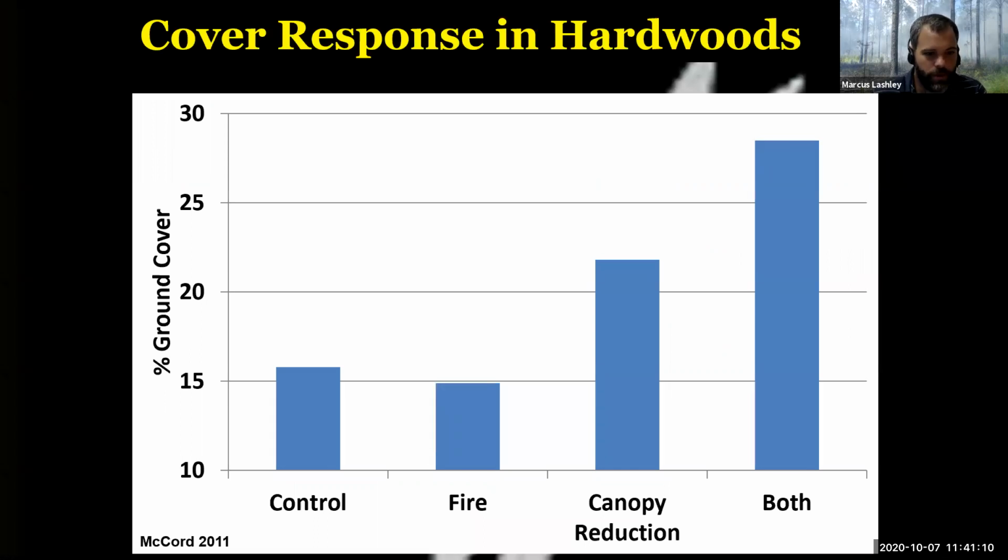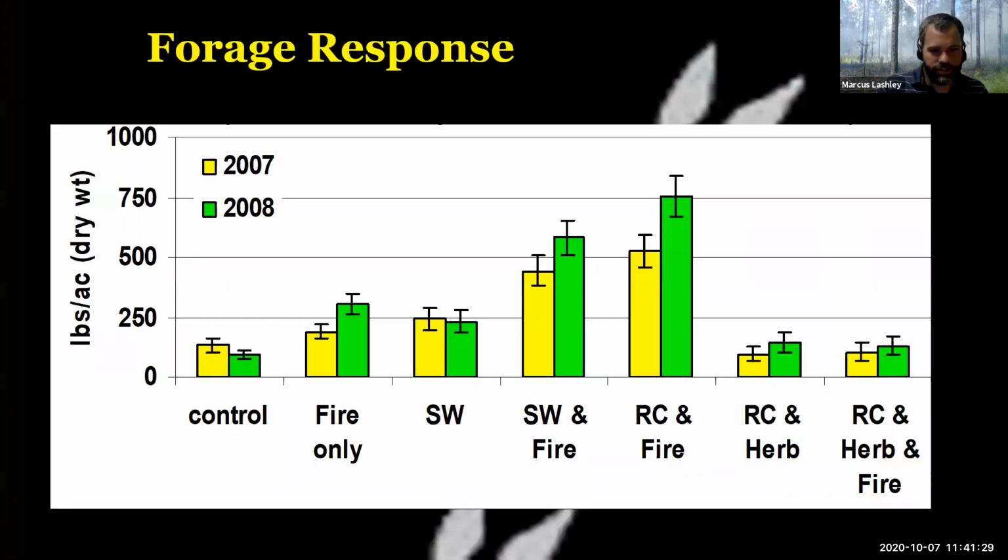So just to give you more data, showing you the same thing, this is ground cover for nesting for turkeys or things that nest low in the understory, not necessarily on the ground. You can see that that improves, especially when you have canopy reduction with fire. Here's just showing you forage, and this is shelterwood with fire, so a canopy reduction with fire, and then that retention cut, that wildlife retention cut, showing you that.